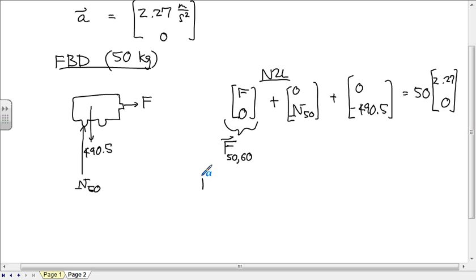The first equation says F is equal to 50 times 2.27. So F is equal to 113.5.